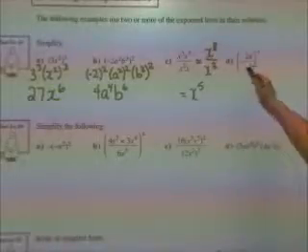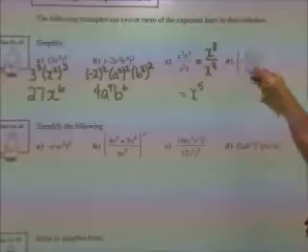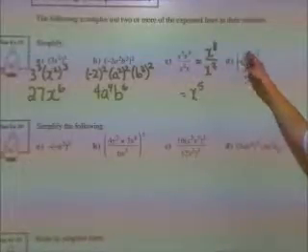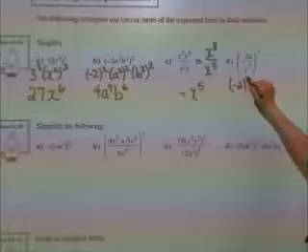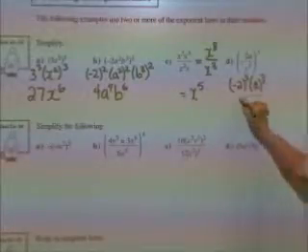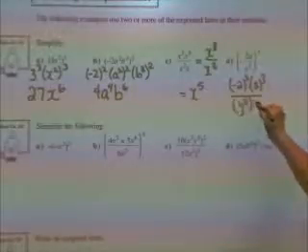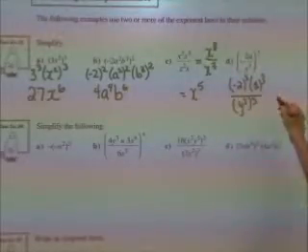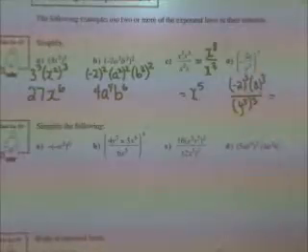And the last one in this example. This negative means either the top is negative or the bottom is negative. Only one thing in this whole grouping is negative, so stick it with the number. Negative 2 cubed, a cubed over y cubed cubed. So that 3 goes to everything inside, but the thing to remember is that negative only goes to one part of all of those because they're all being multiplied together.